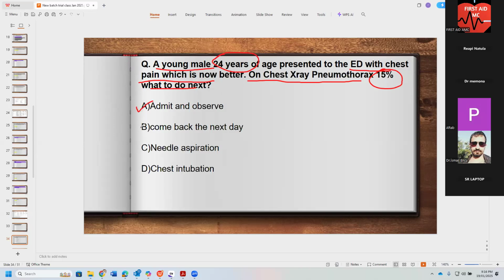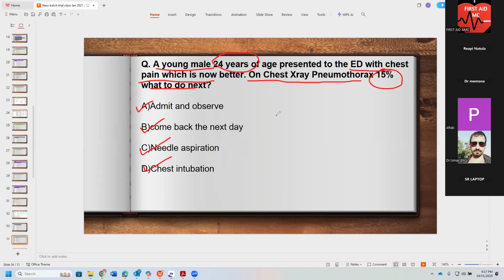Admit and observe, come back the next day, needle aspiration, or chest intubation?